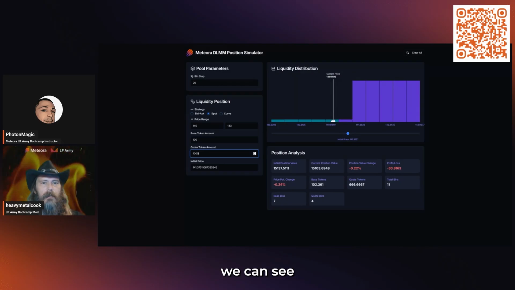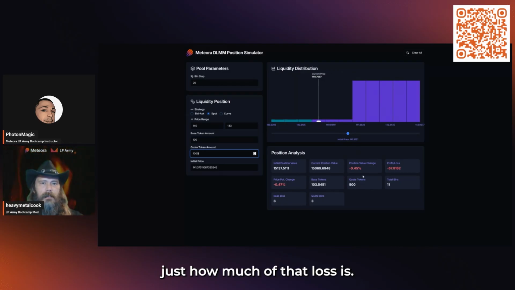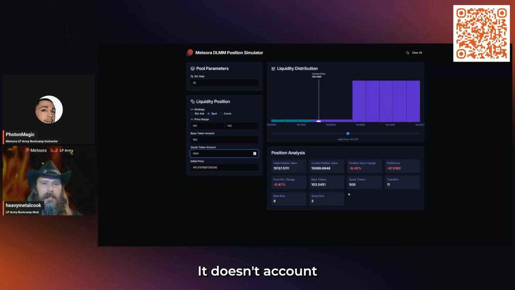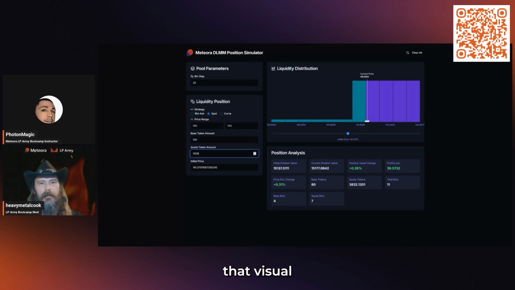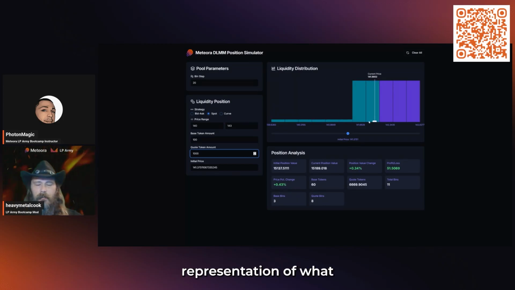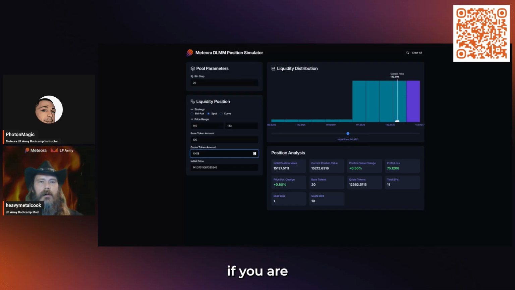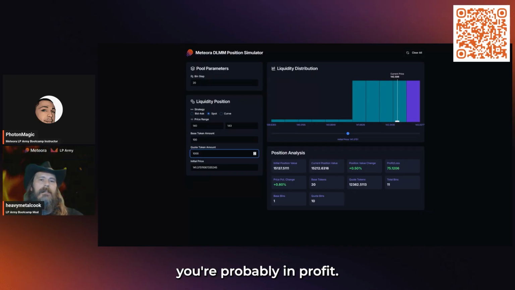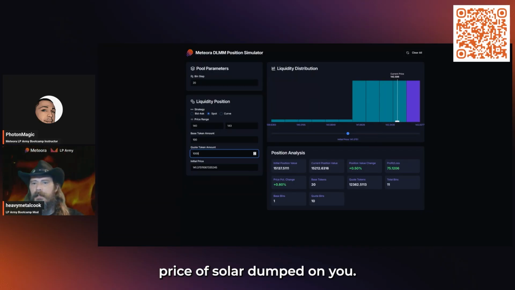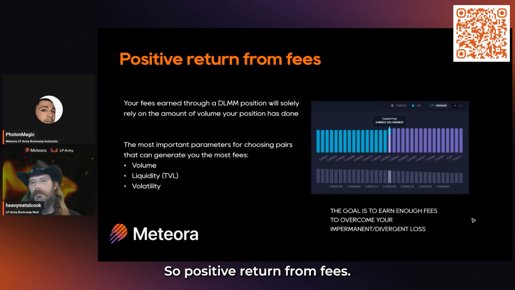If we went down, we can see just how much of that loss is. It doesn't account for any fees here. It's just kind of giving you that visual representation of what impermanent loss looks like. Generally speaking, if the price is above your entry point, you're probably in profit, unless of course the price of Sol dumped on you.